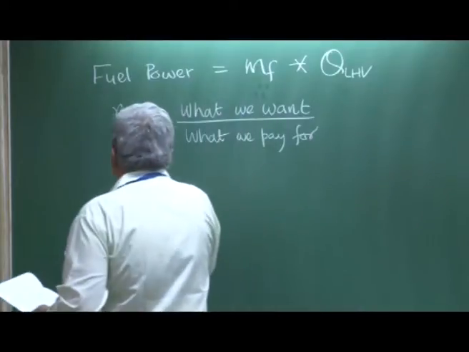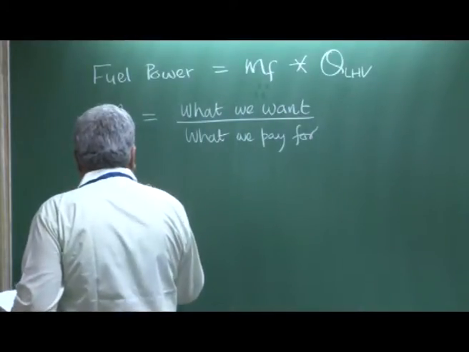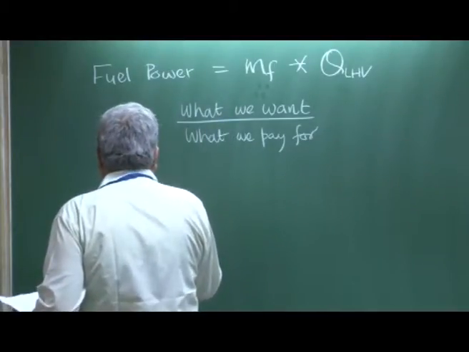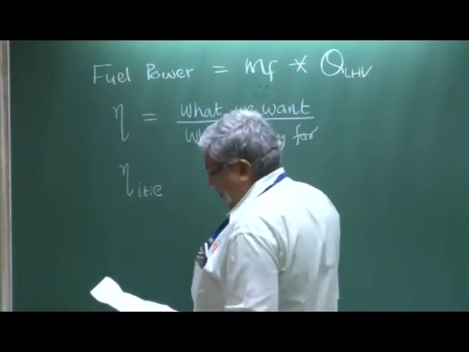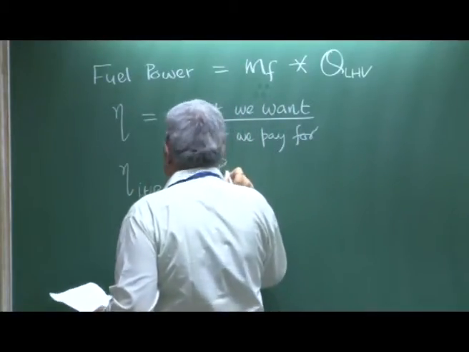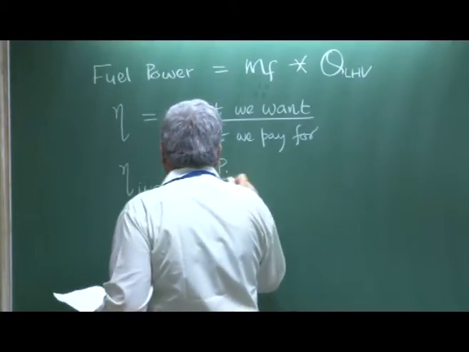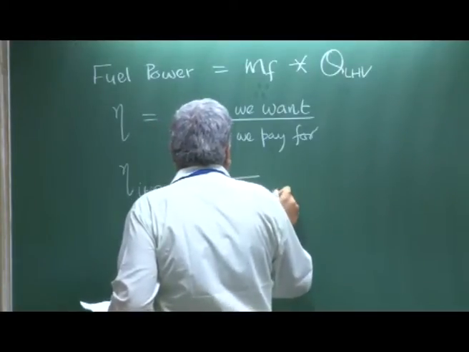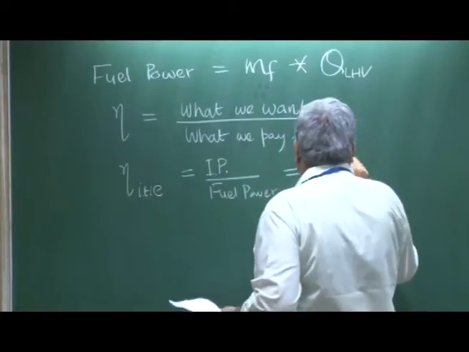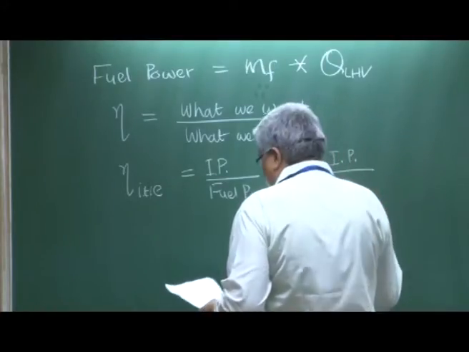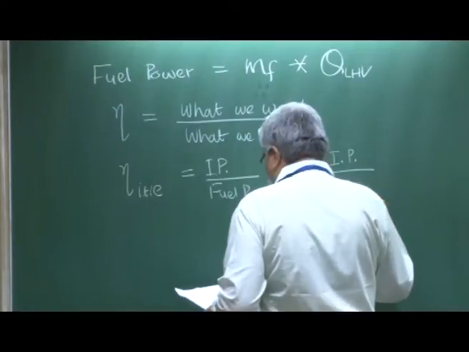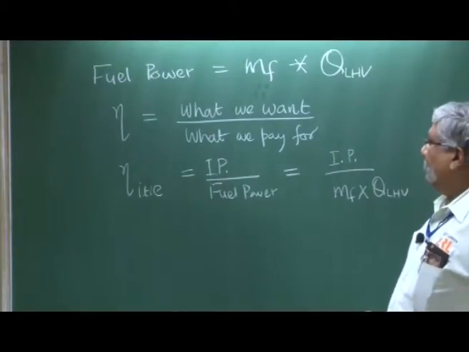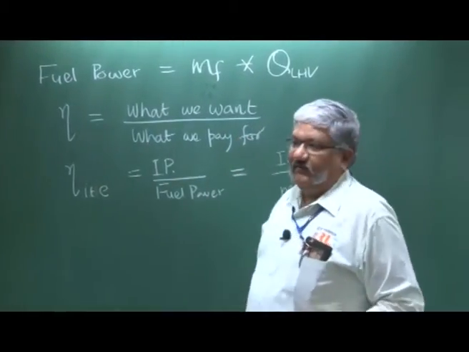So the expression for indicated thermal efficiency will be indicated power divided by fuel power, and this I can write as indicated power divided by mass of fuel into Q LHV, right? This is my expression for indicated thermal efficiency.